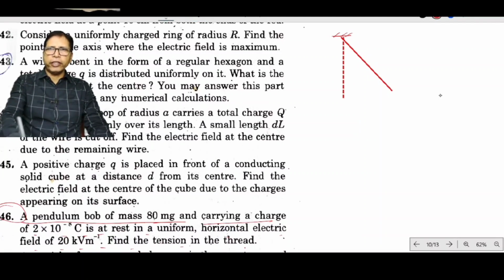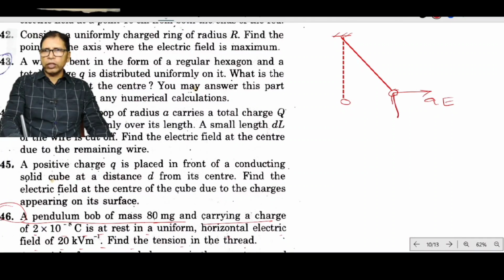Look at this, this is the bob. So look at this, this is the electric force, this is Q into E. And this is the gravitational force, this is mg.